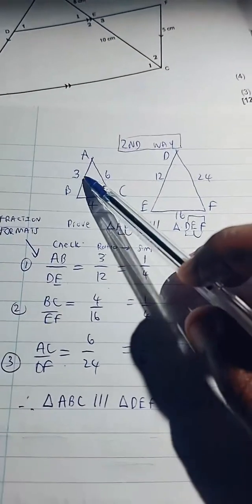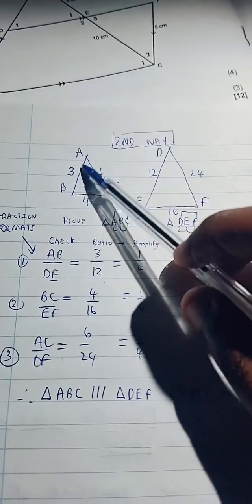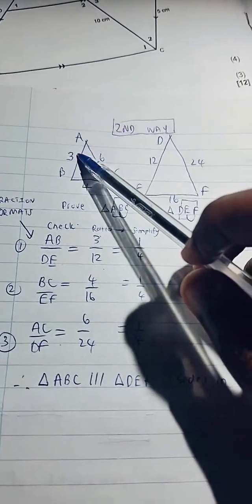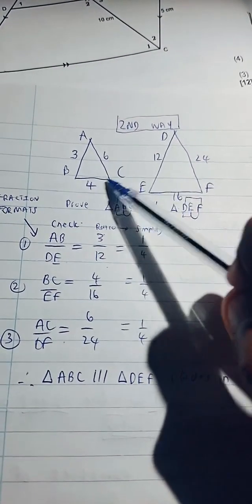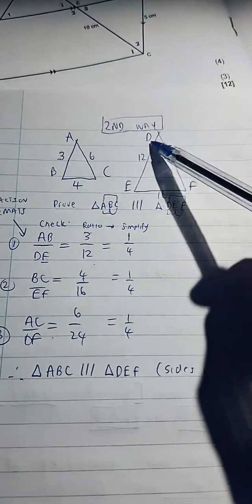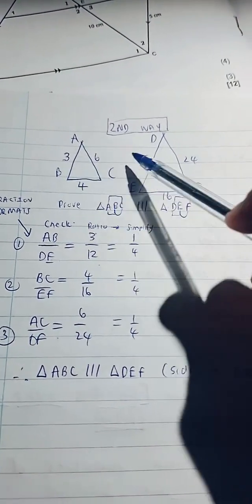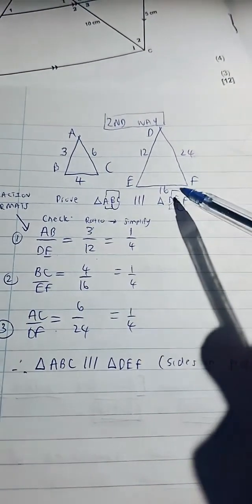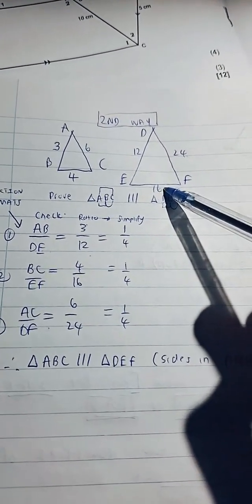Because guys, what would you do to this triangle to get this one? It means I am going to multiply each side by 4. That's what we mean by sides being in the same ratio. We're multiplying 3 by 4 to get 12, multiplying 6 by 4 to get 24, multiplying 4 by 4 to get 16.